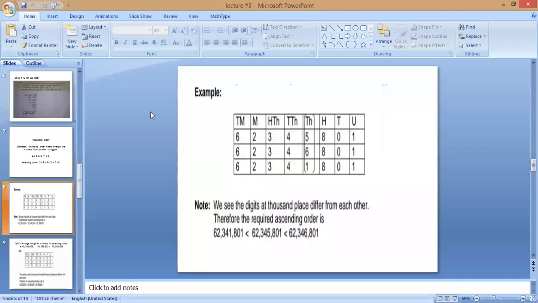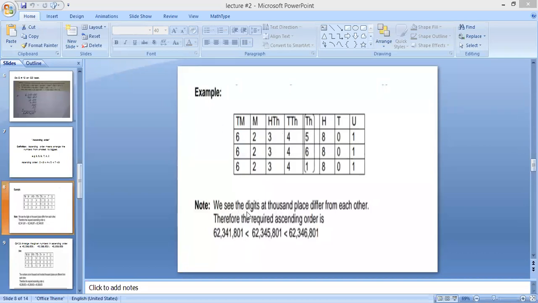And you can check you have 62,034,345,801. Similarly, the second number is 62,346,801. The third number is 62,341,801. Yes, you have three numbers here.